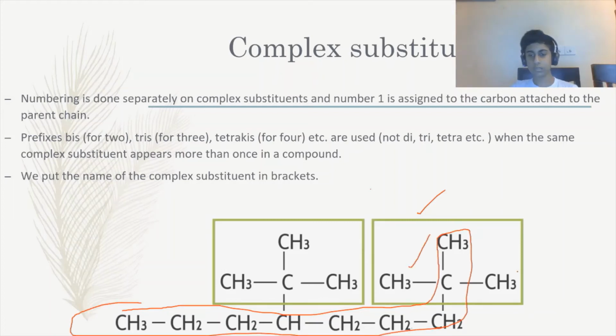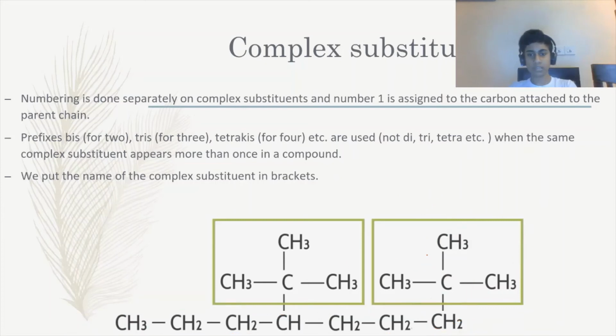And these two are just dimethyl. So this is not one of the cases. But yes, if there are two or three, we add bis, tris, tetrakis, not di, tri, tetra, so that there shouldn't be any confusion.